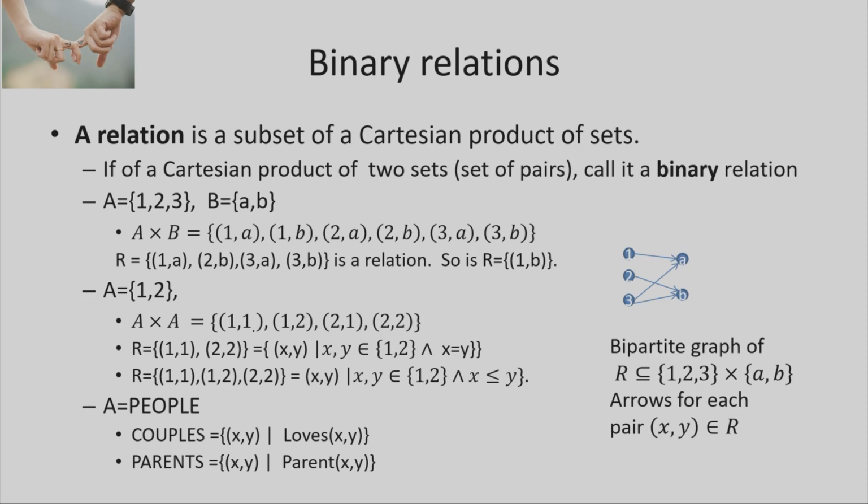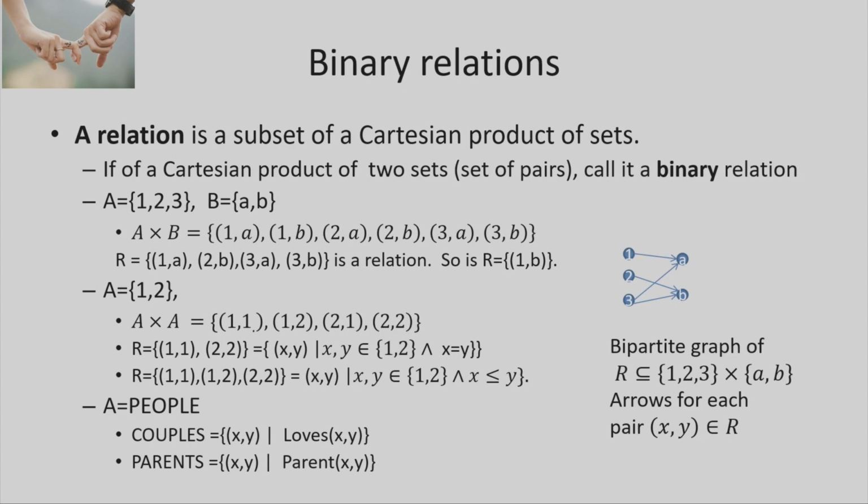So one way of drawing relations is similar to how we were drawing functions. And this is what we would use when this relation is a product of two different sets. We would say on the left side we will have 1, 2, and 3.